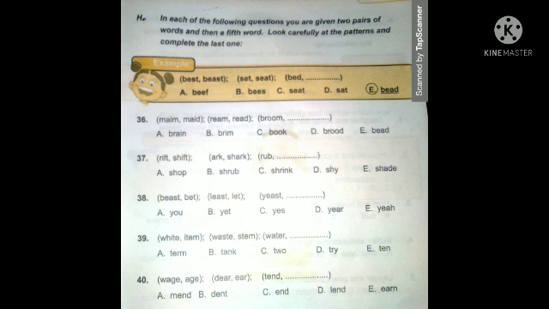So let's pick a question, study it, and then pick the correct option. Number 36 here, we have mame and maid in a bracket. We have rim and read in brackets. Then we have broom, and what do you think? Let's study the pattern.